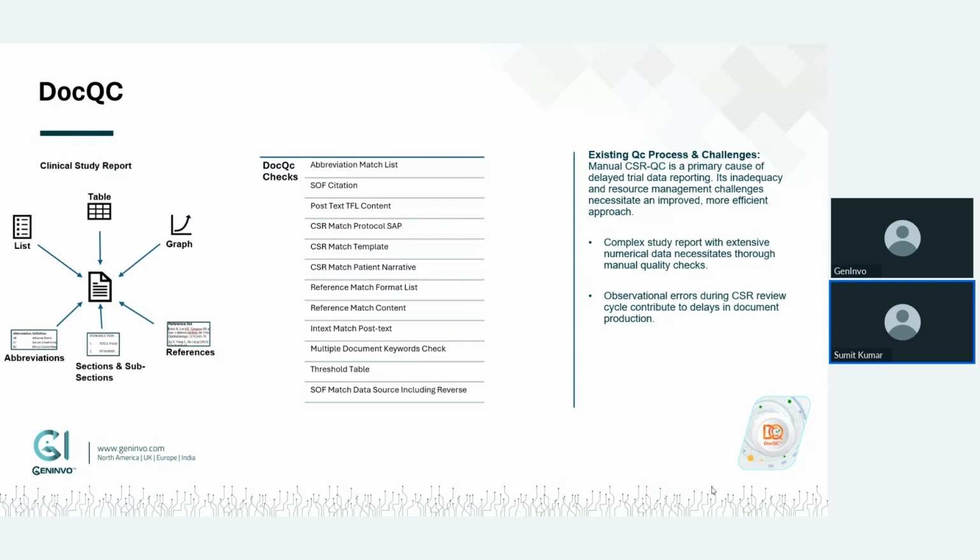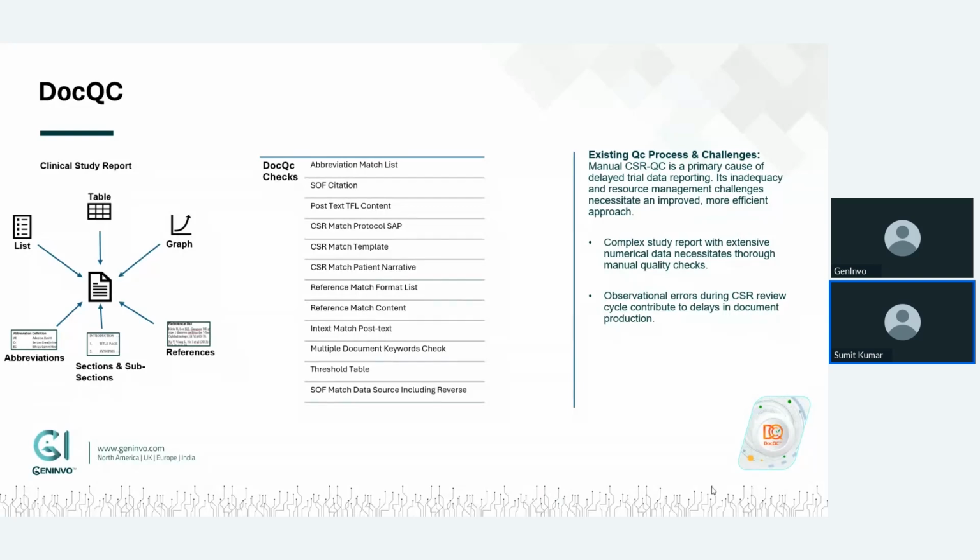One of the key challenges is the extensive time required for quality checking the complex study report, which involves a large amount of numerical data. This process often leads to delay in overall turnaround time for document generation. Furthermore, the manual QC process is prone to observational error, resulting in a prolonged CSR review cycle.